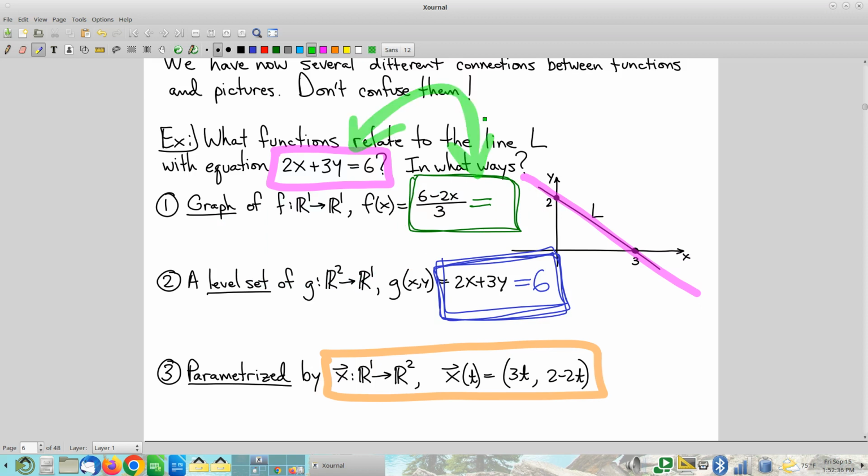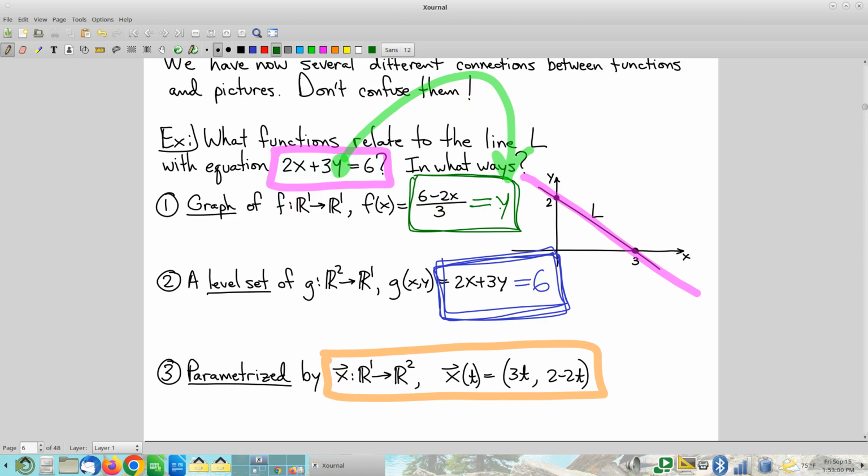So what I did is I took this y right there and I solved for that y, which I accidentally erased. Sorry about that. This is that y. So if you solve for that y, that gives you this equation, which therefore gives you a function whose graph is that line. Does that make sense?